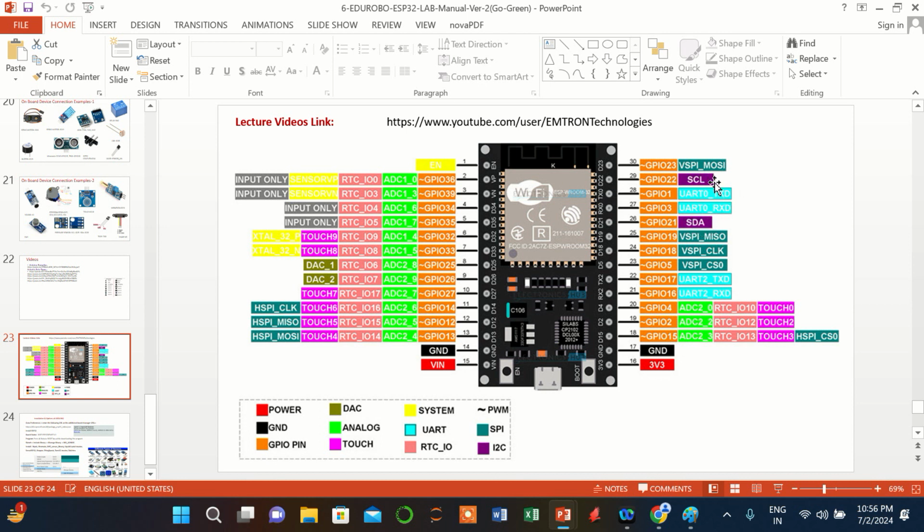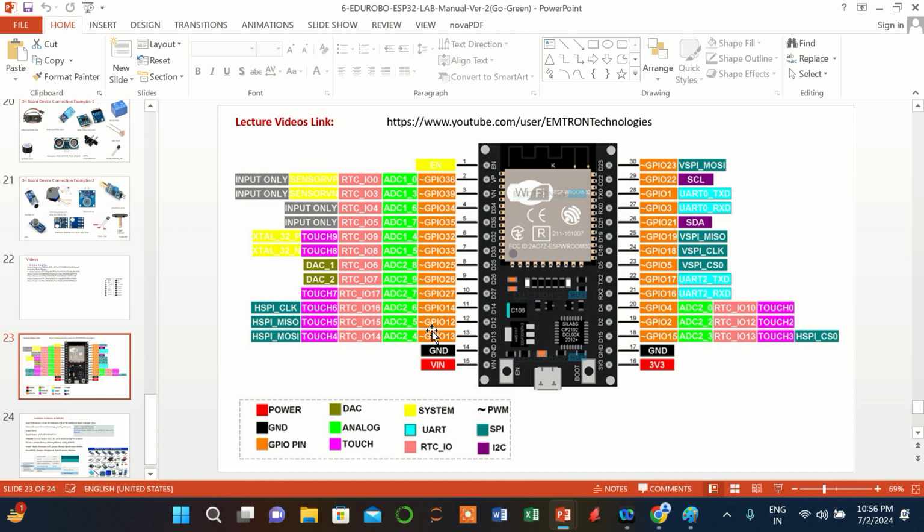So two UART serial communications, one I2C communication SCL SDA, and two SPI communications. One is here, another is here, right? And other peripherals like touch sensor, D to A converter, real-time clock, A to D converter, GPIOs.